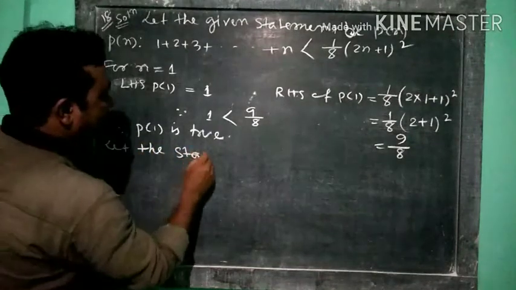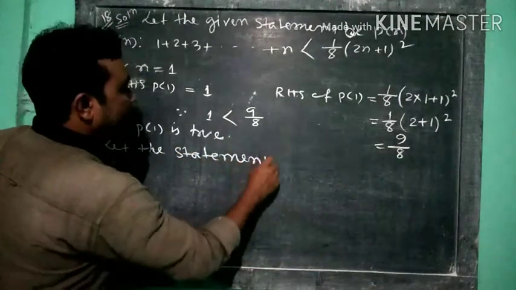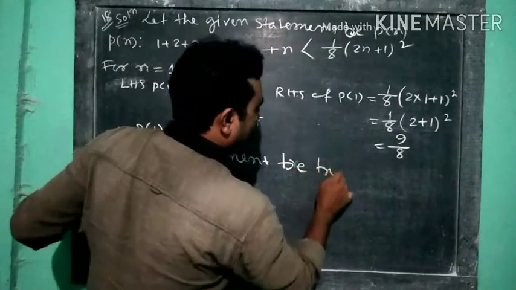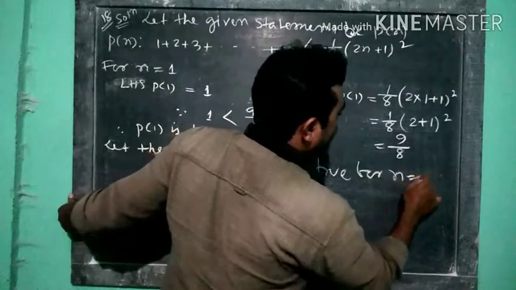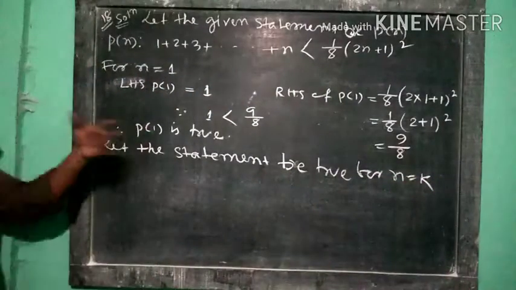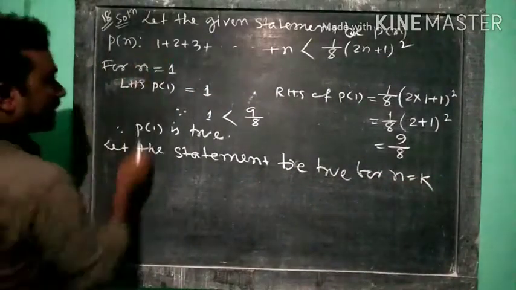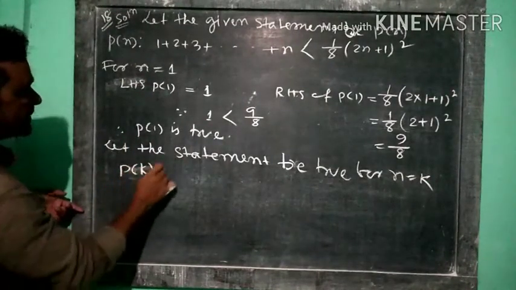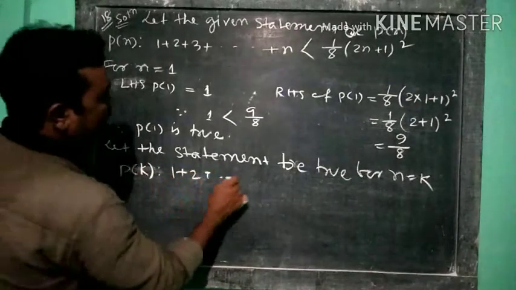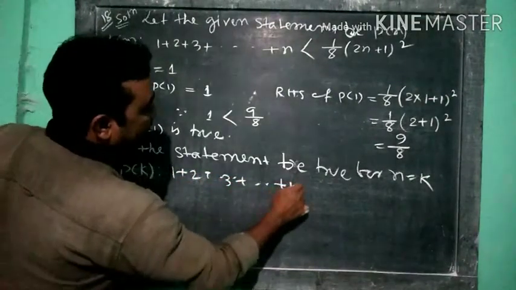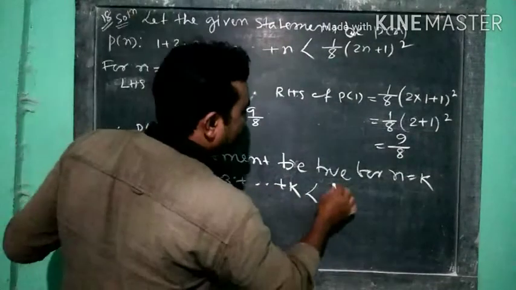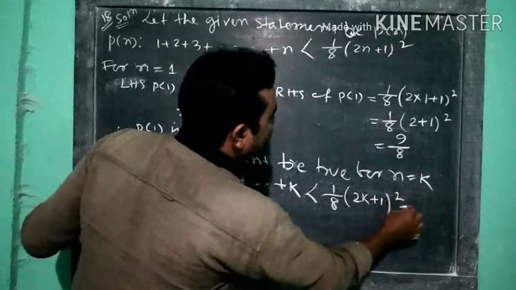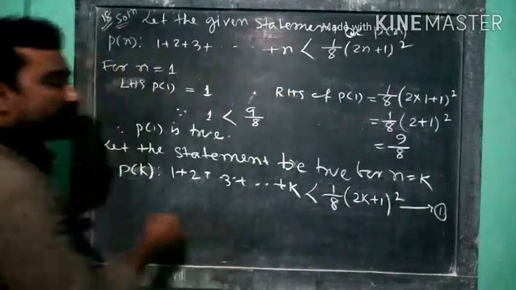Let the statement be true for n equal to k. We assume the statement is true for n equal to k, that is, p of k such that 1 plus 2 plus 3 up to k is less than 1 by 8 whole into 2k plus 1 whole square. This is equation number 1.